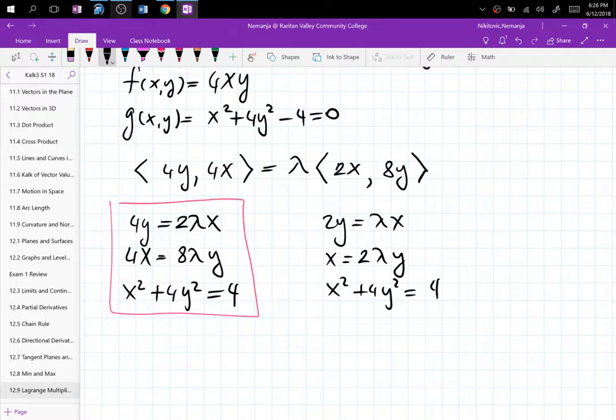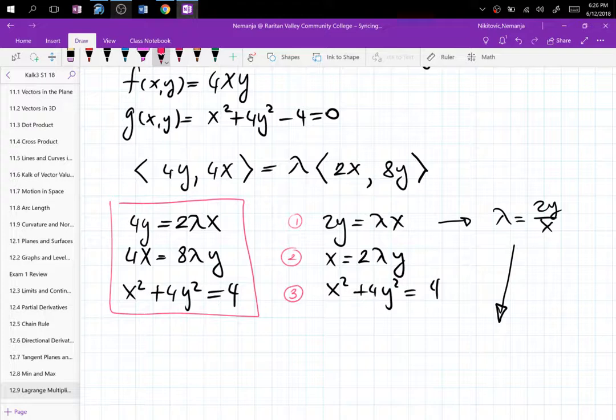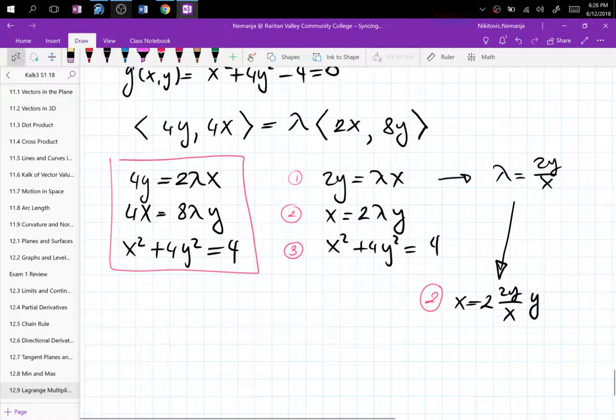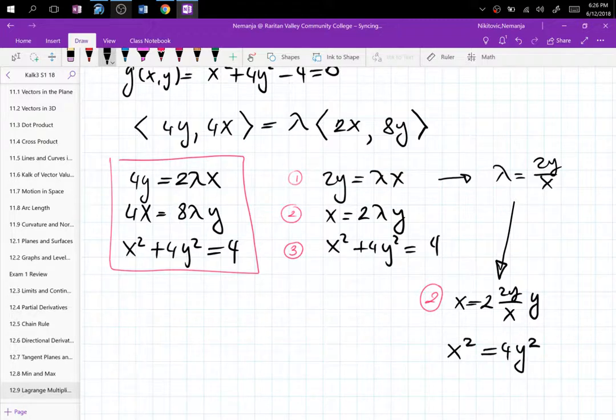Well, we can solve for lambda and get 2y over x. Then my equation 2 becomes x equals 2 times 2y over x times y, from where x squared is equal to 4y squared.